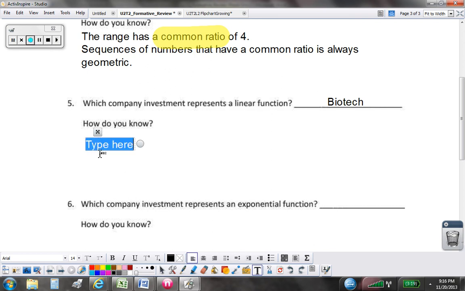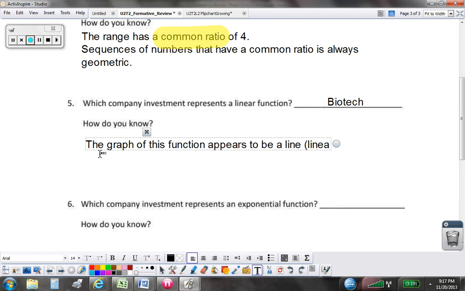Well, the graph of this function appears to be a line, and I'll put in parentheses linear.